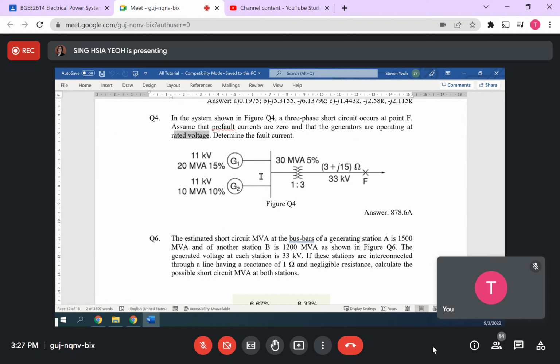Okay, so here the 15%, 10%, you can put it as 0.15 and 0.1.